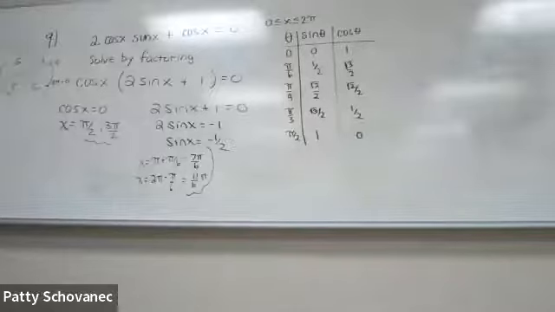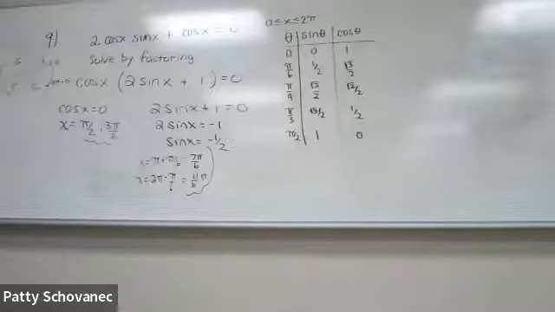My little diagram over there tells me the tangent is positive in quadrant 1 and in quadrant 3. So I need the quadrant 1 from the table and the quadrant 3 by taking pi plus whatever angle I have up here.